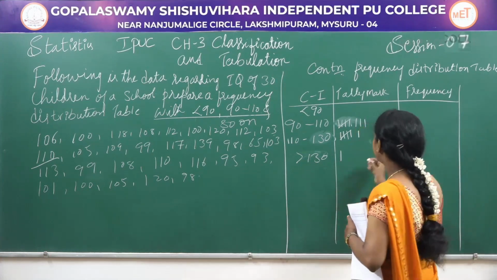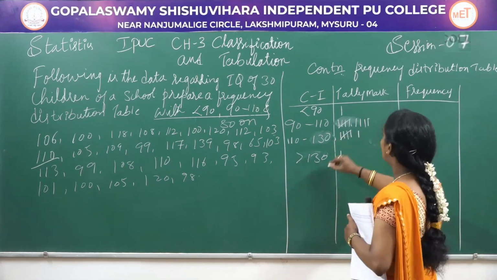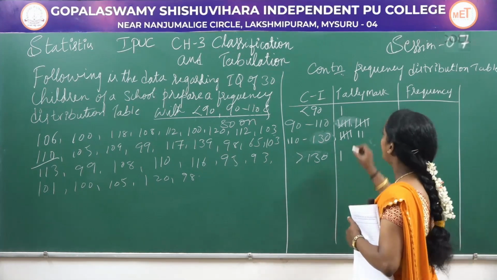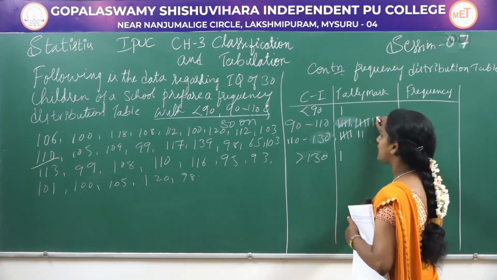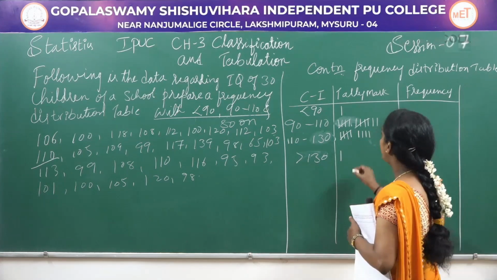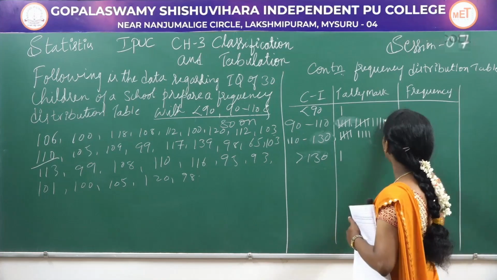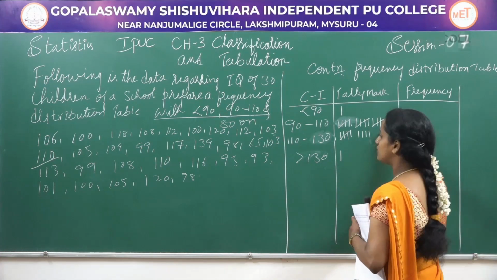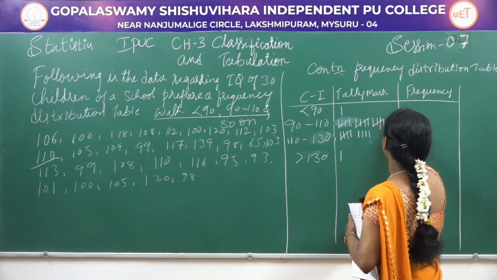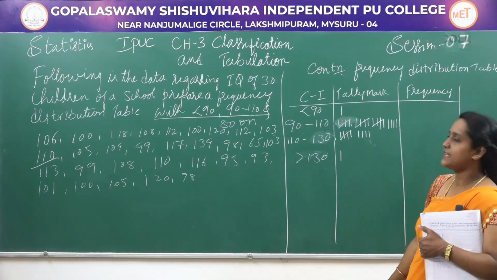Next 98, 65, 103, 113, 99, 108, 110 again, 116, 95, 93, 101, 100, 105, 120, 98. So this is how we have put the tally marks.